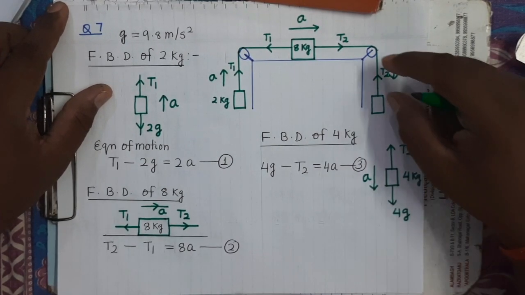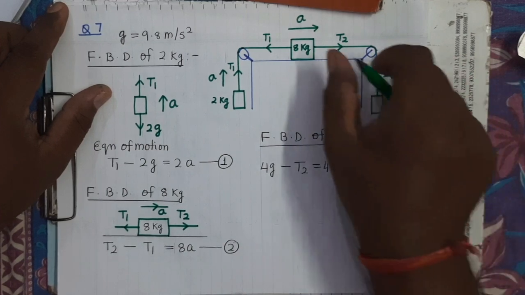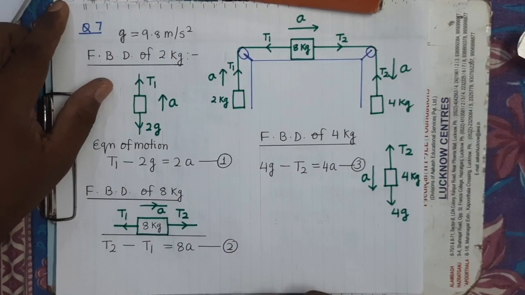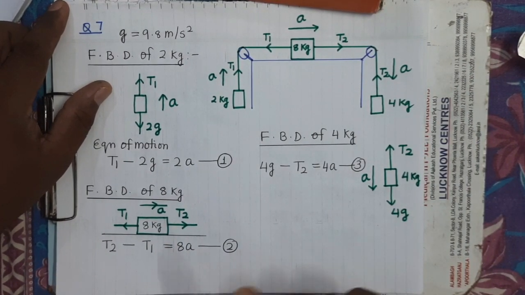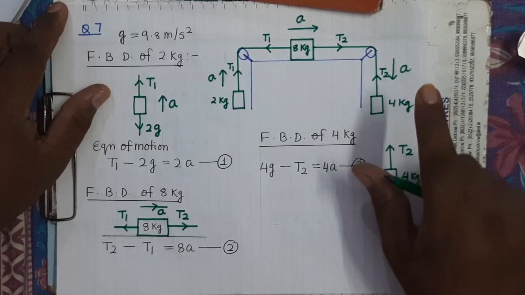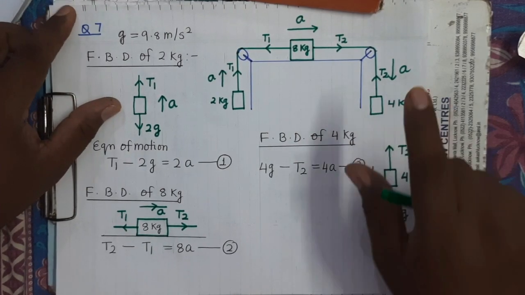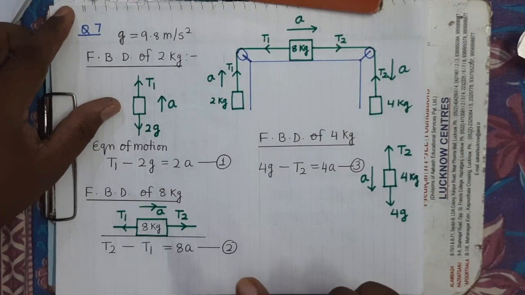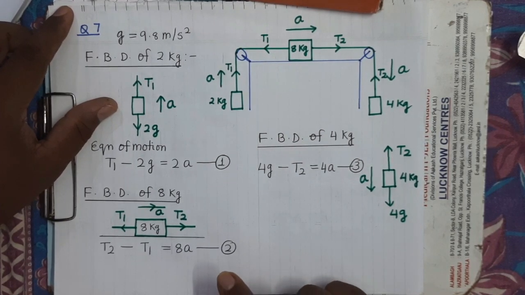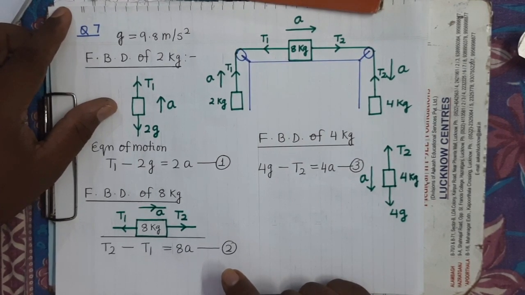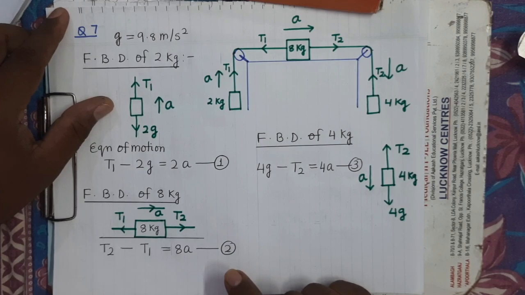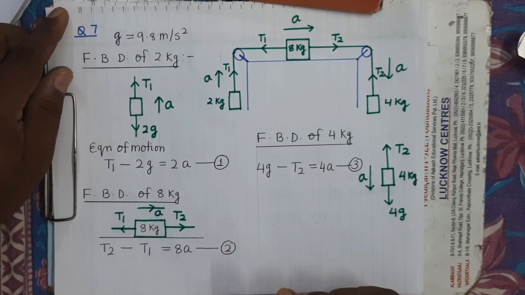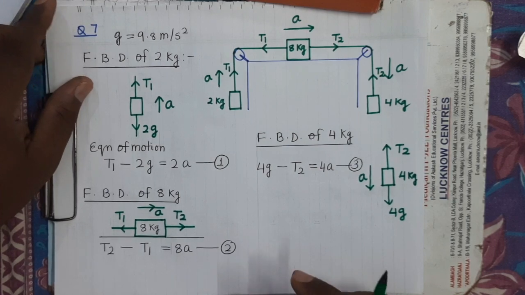It is not that this part is heavier and this part is lighter. But for determining A, we have ignored the mass of the strings. It's clear. Assume that the table and pulleys are frictionless and the strings are massless. You have to determine acceleration and tension.